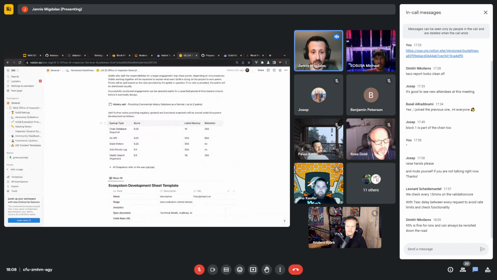Probably I should have mentioned it earlier, but I'm doing it now. So we have an updated table for how backups are provided, how old the latest backup should be, retention for those backups, and the scores.